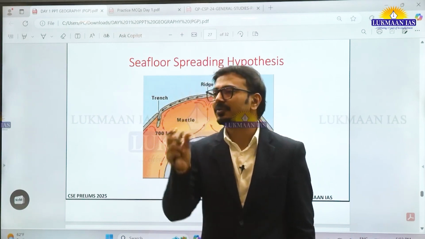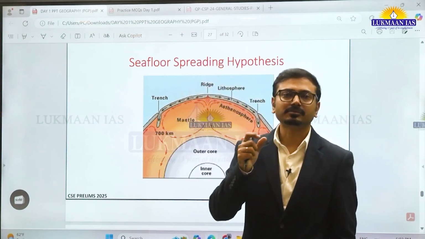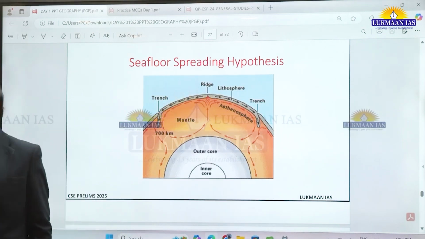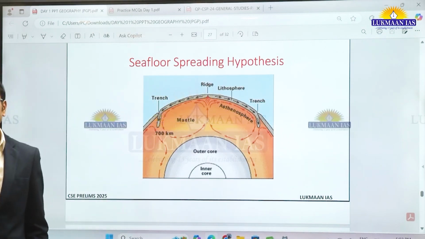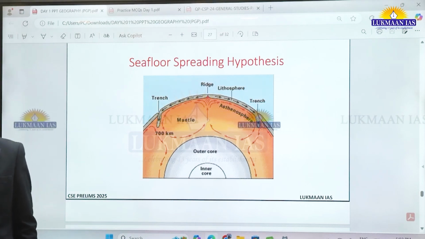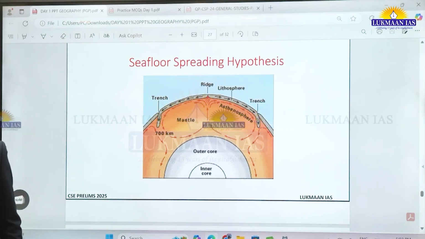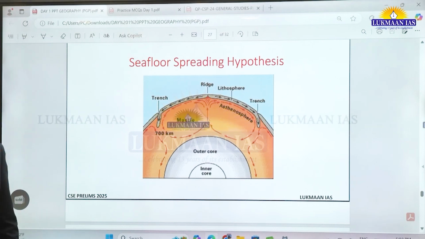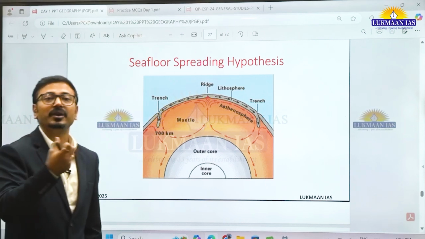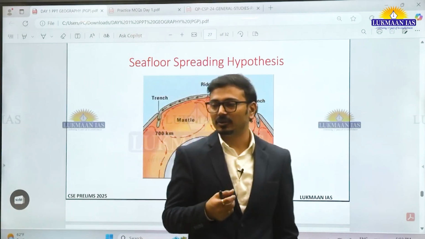Anyone? Very good. It is because of temperature differences, thermal differences, and they are moving from one place to another. That results in movement of magma in a cyclic manner. So that is called thermal convection current, and it was given by Arthur Holmes first.